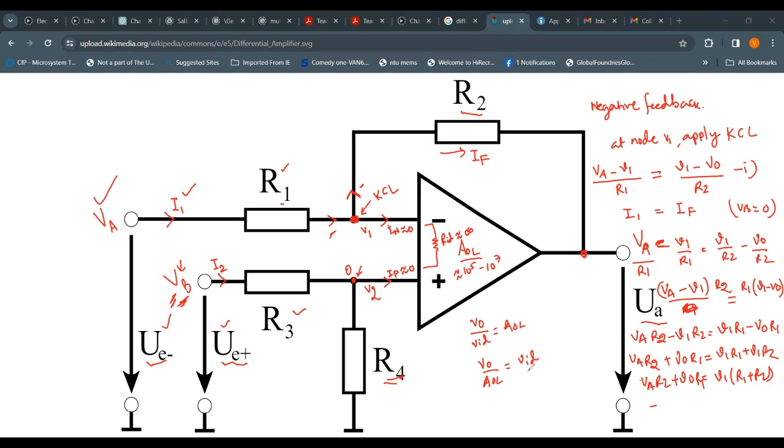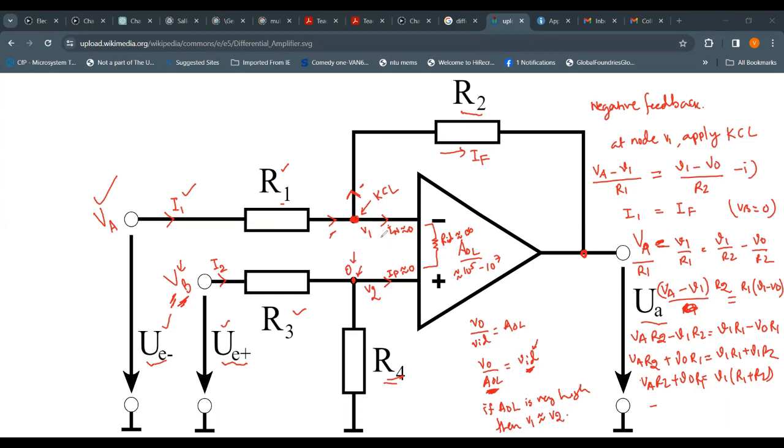So if the gain is very, very high, if it is infinity, then VID is equal to 0, right? And it means the V1, and if we say that AOL is very high, then we'll say V1 is approximately equal to V2, and V2 is at 0 potential.